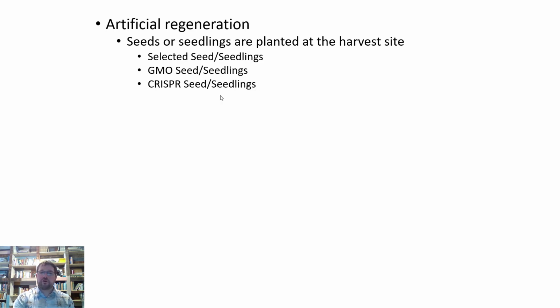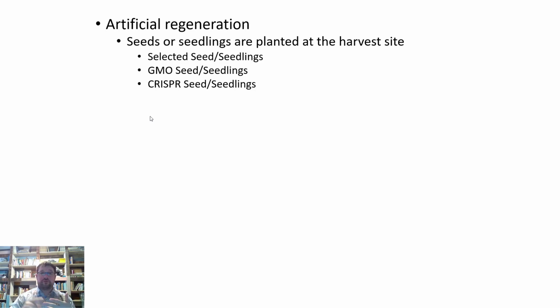Okay? These other two are not natural seeds, or they don't occur naturally. And that would be GMO seeds, or genetically modified organisms, genetically modified seeds or seedlings. And then a new technique, which we call CRISPR, which is also genetically modified, but in a different way. I'm going to cover both the GMOs and CRISPR in a couple of slides, but I just want to say that there are really three types of seeds that you can select.